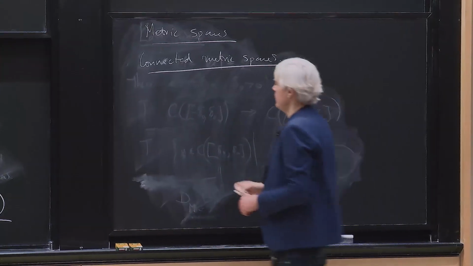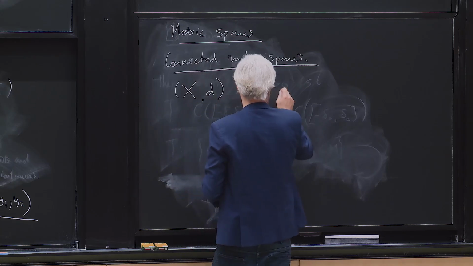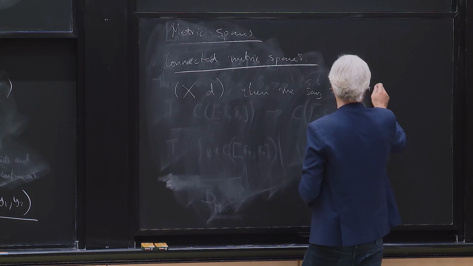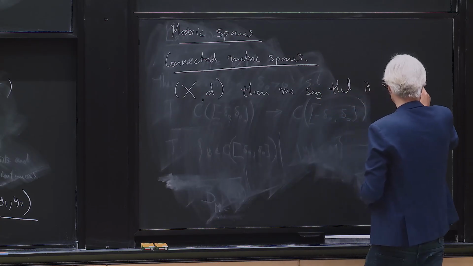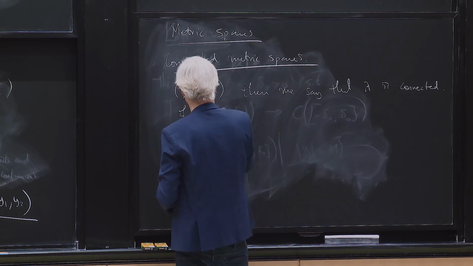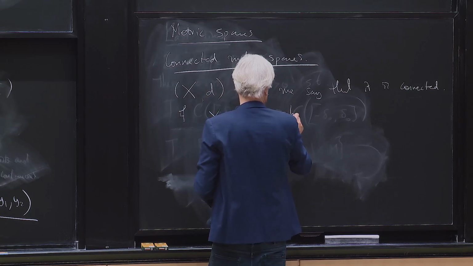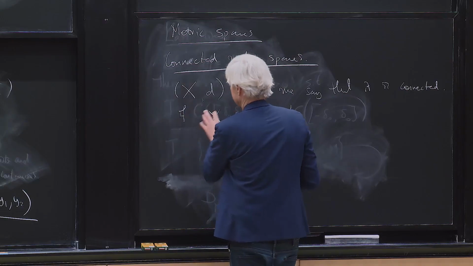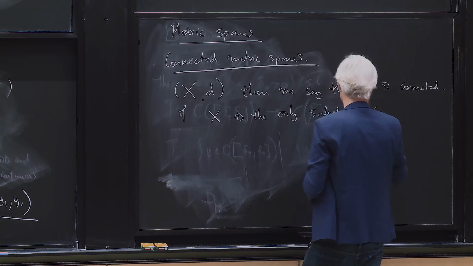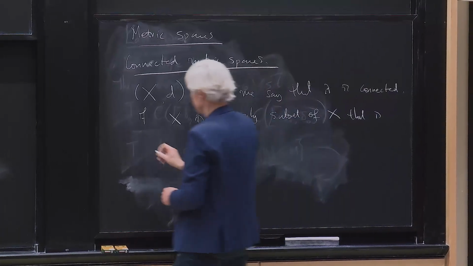Okay, so suppose you have a metric space X. Then we say that it is connected if X, the whole set itself, is the only subset of X that is both open and closed.